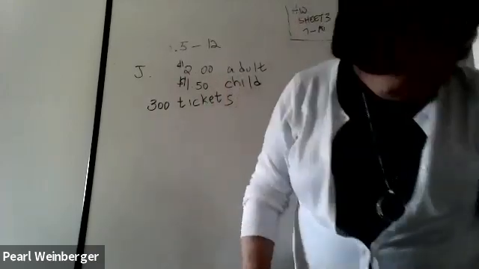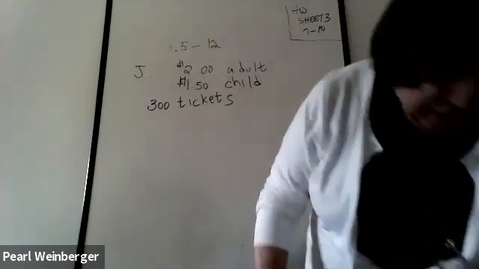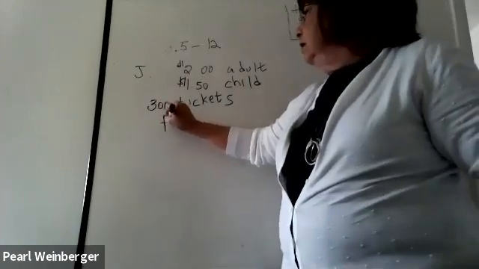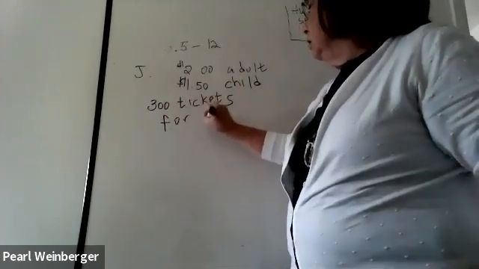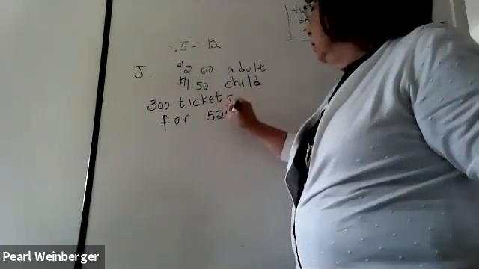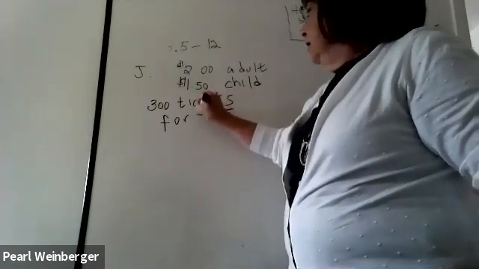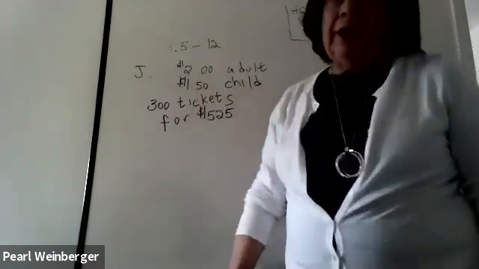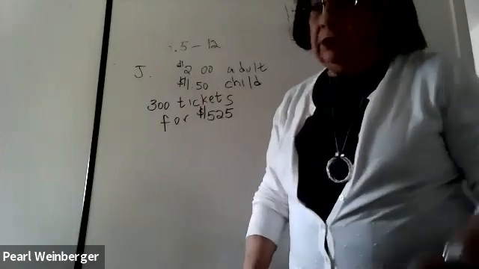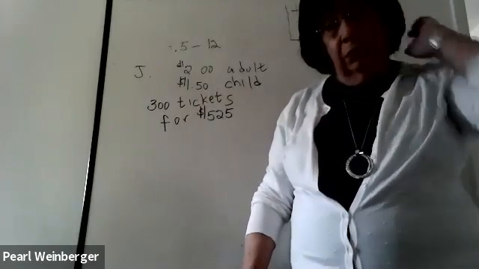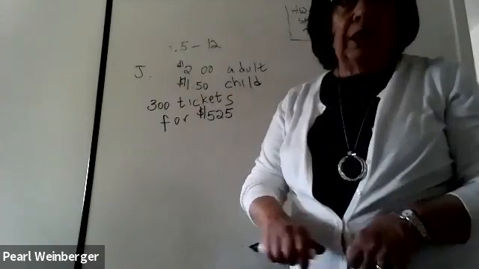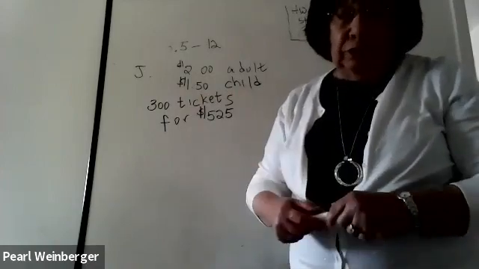And the amount of money he made was $525. And we want to find out how many children's tickets and how many adult tickets he sold. You want to know how many of each type of tickets were sold.